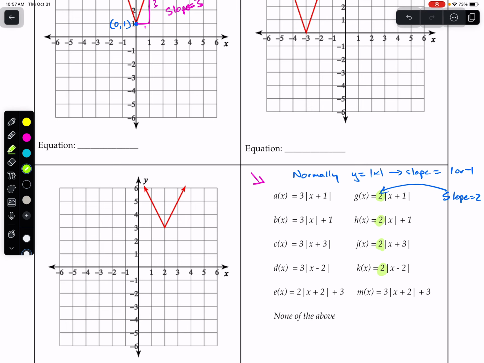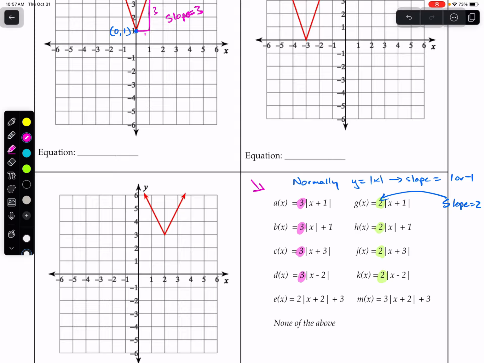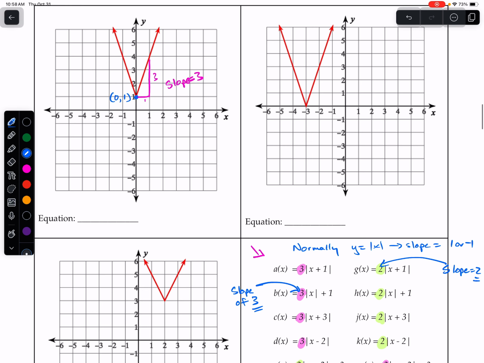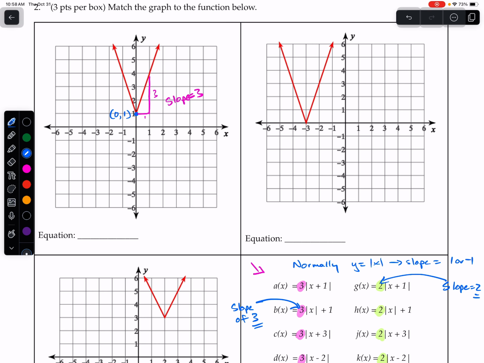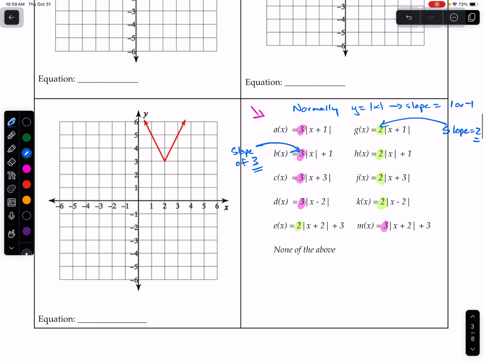And these here all have a slope of 3, and there's a slope of 2. These all have slope of 3. So if we're looking up here at the very first one, it's a slope of 3. So I'm only interested in the pink ones.